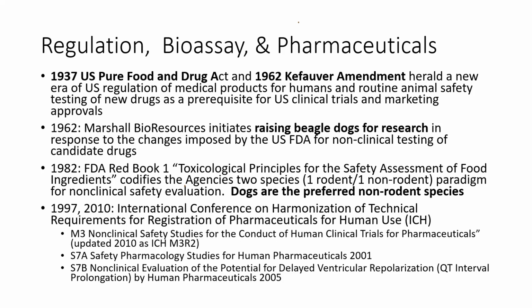And although its title states food ingredients, the Red Book is used for all of the products that the FDA regulates. And it codifies the agency's two species, one rodent, one non-rodent paradigm for non-clinical safety evaluation. It also specifically states that dogs are the preferred non-rodent species.